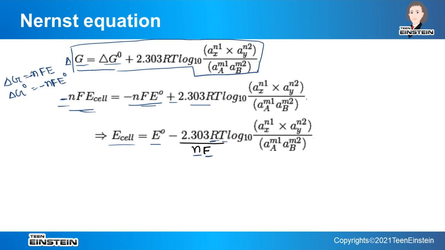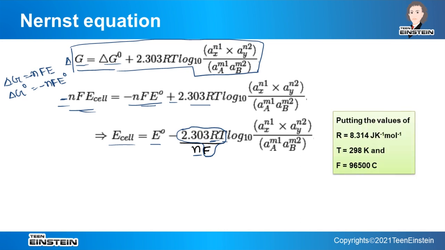So if we put the values of R, T, F and combine all these and do the calculation, there will be a particular number which we can put directly instead of this large term. So we will now put the values of R, which is 8.314 joule per Kelvin per mole, so all are in SI units.